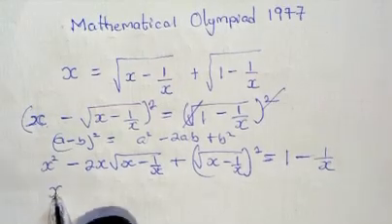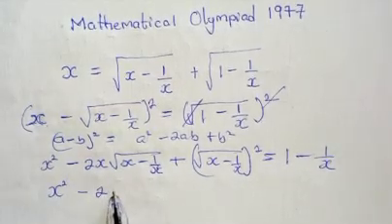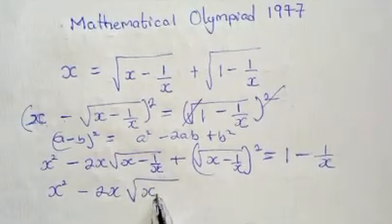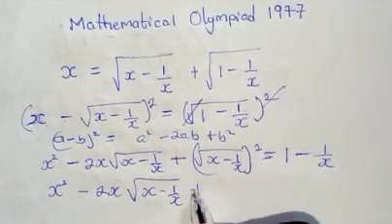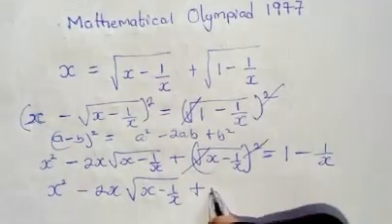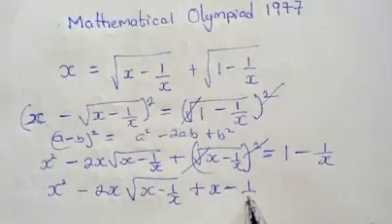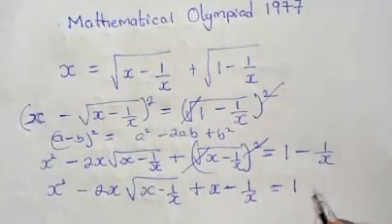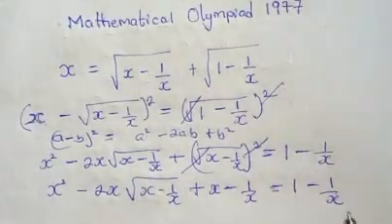So rewriting this, you have x squared minus 2x root x minus 1 over x plus, here cancel the power, you have x minus 1 over x is equals to 1 minus 1 over x.